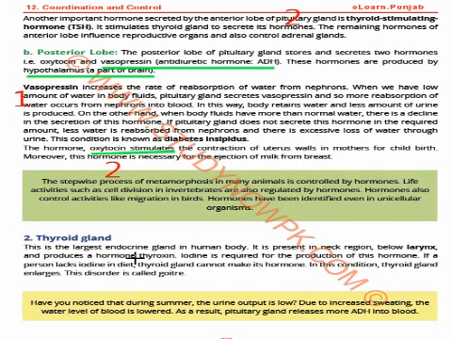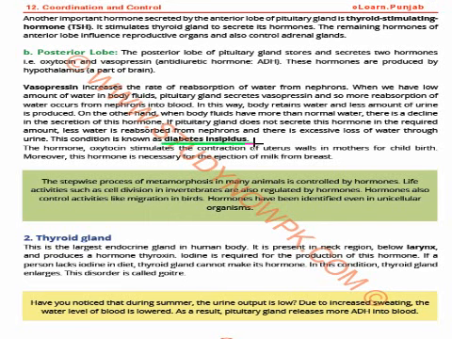So we have covered the pituitary gland, the anterior and the posterior. The anterior releases two hormones, and the posterior also releases two hormones, which are vasopressin and oxytocin. And the disease mentioned here is diabetes insipidus.